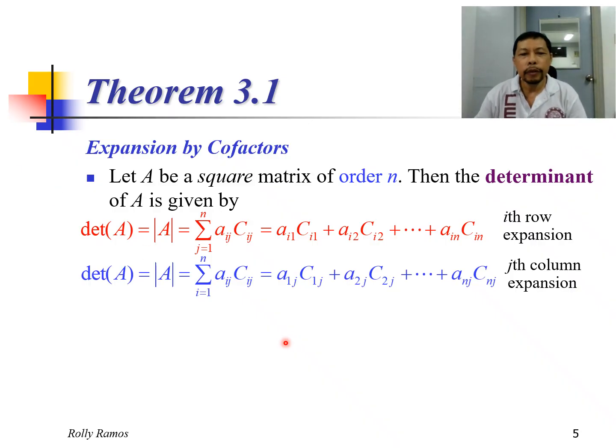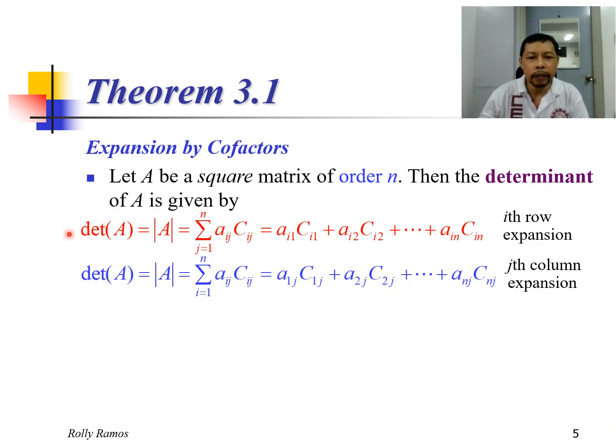Okay, now that we already know how to find the minors and the cofactors of a matrix, let us now discuss how to find the determinant of a matrix by cofactor expansion. So if we let A be a square matrix of order n, then the determinant of A is given by this equation. The determinant of A could be denoted as det A, or we could simply use two vertical bars enclosing the name of the matrix.